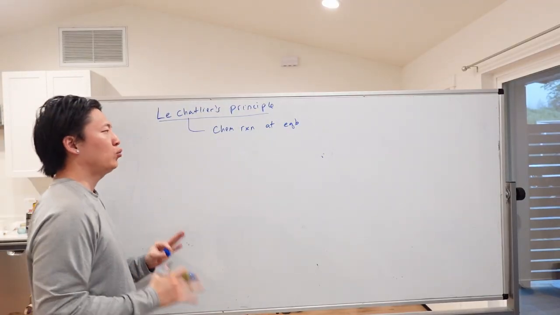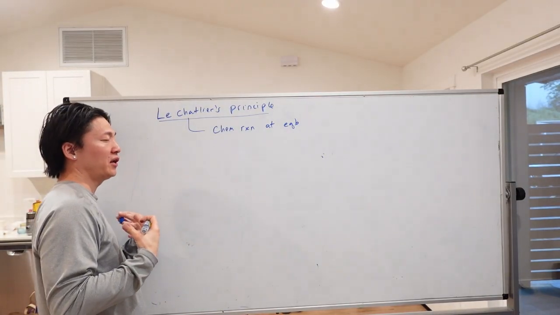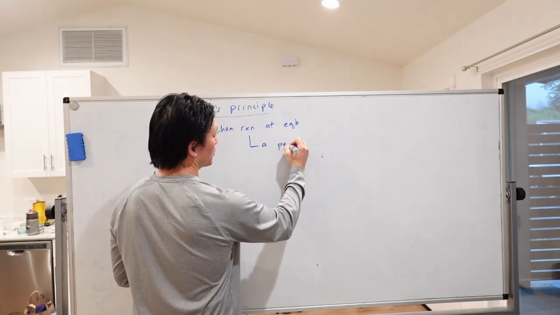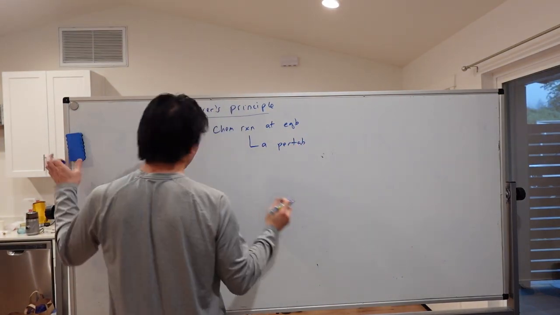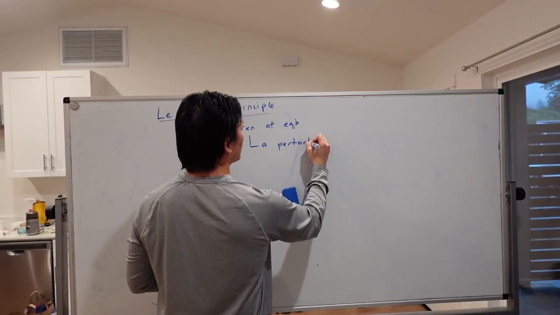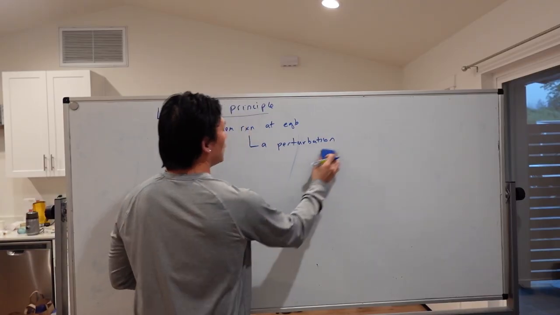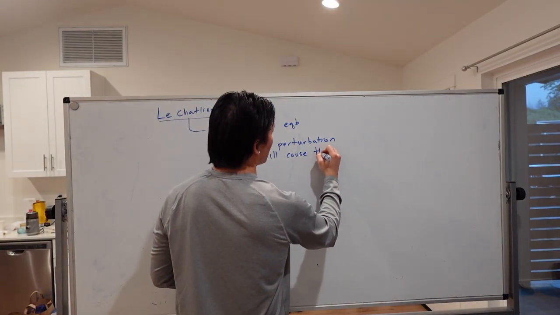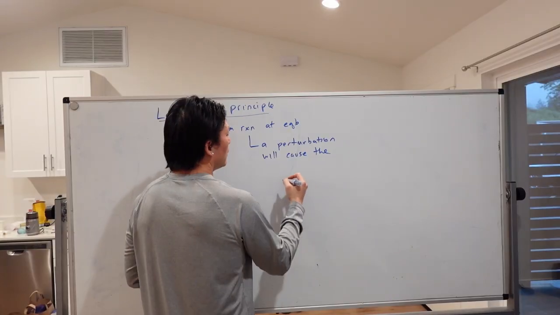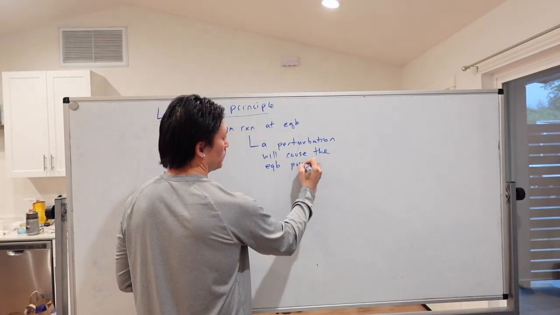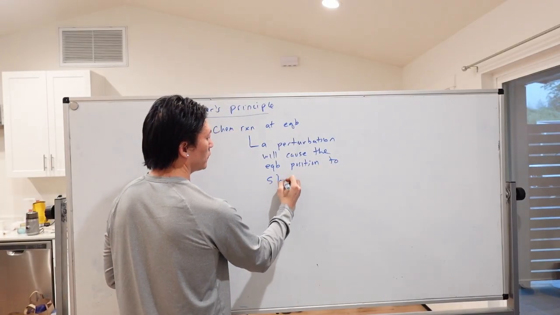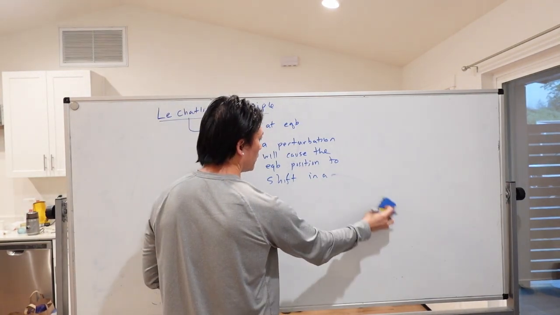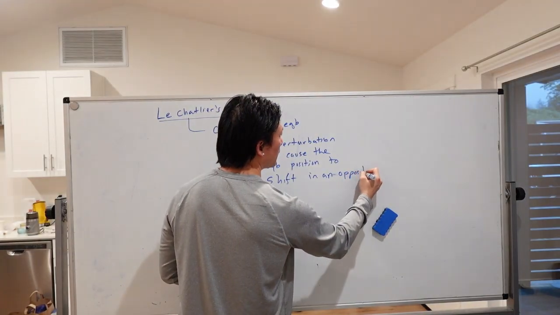Now when a chemical reaction is at equilibrium and I do something externally to the system, I perturb it, a perturbation will cause the equilibrium position to shift in an opposite manner. An opposite manner.